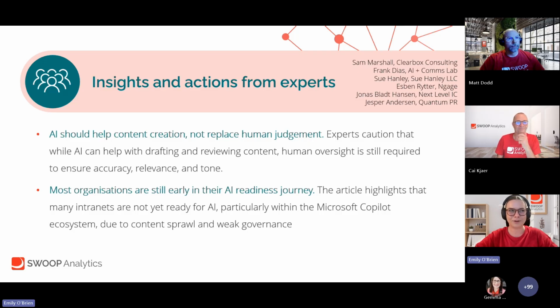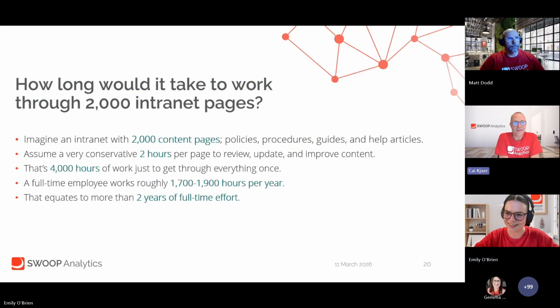Now, Kjaer, I believe you have an example of the reality of working through the intranet content to make sure it is ready. Yeah, so intranets are big, aren't they? Many of you said only small pockets of this are really ready, or some pockets are ready.